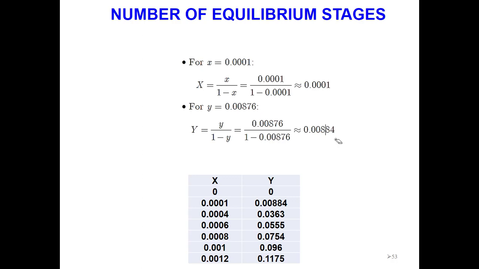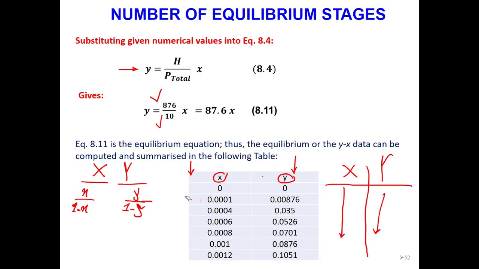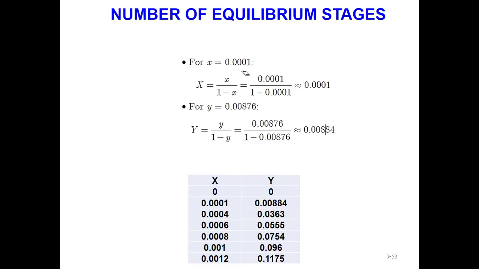Let's say for the first point, X is 0.0001 and y is 0.00876. So I choose these two points. I choose this x, put it in this equation and find the capital X, which is pretty much the same. As I told you, when x is very small, capital X and x are almost the same.